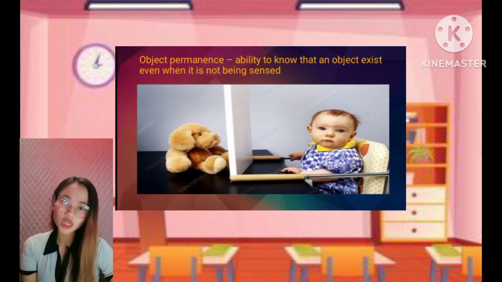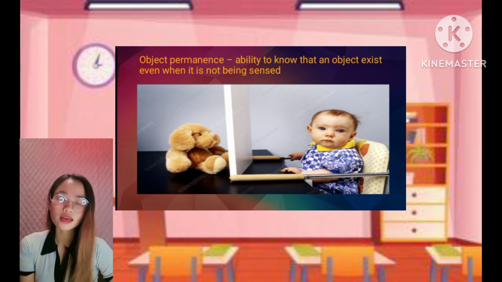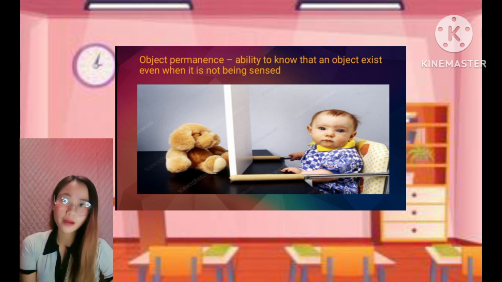At this stage, they can play peekaboo, which develops their object permanence. So what is object permanence? It is the ability to know that an object exists even when it is not being seen.